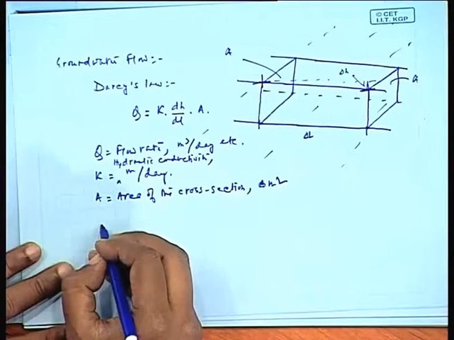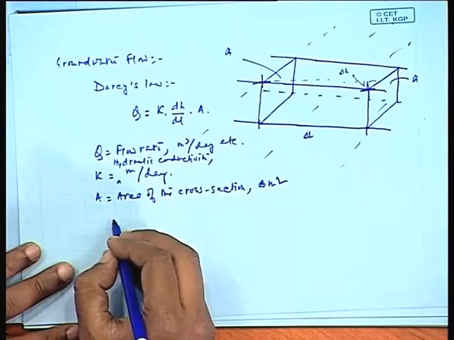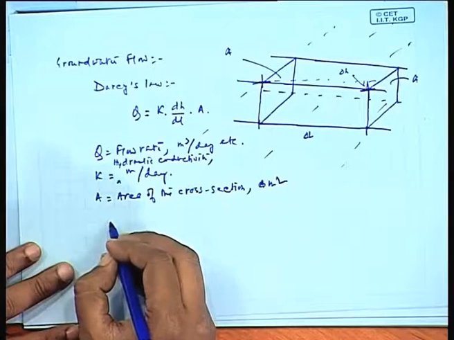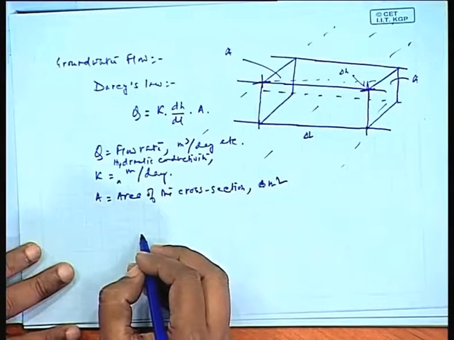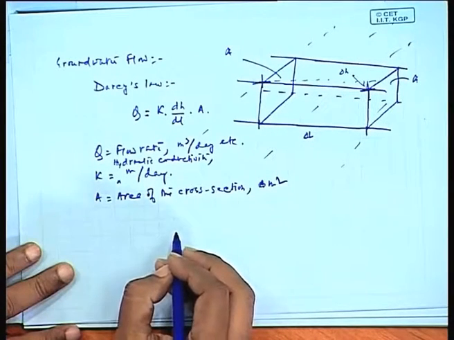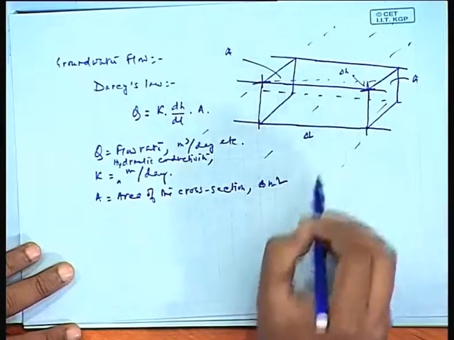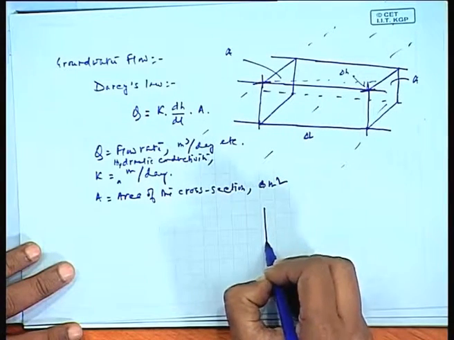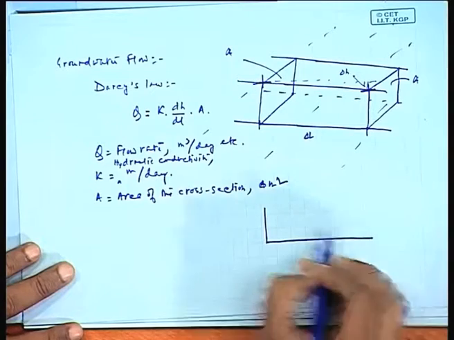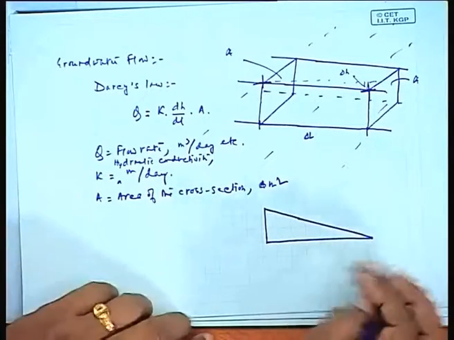But this Darcy's law proves to be somewhat quite simplistic in the sense that there are a few things it generally ignores. If you are just observing this flow, right here, if this is the direction, you see the change in the hydraulic head.